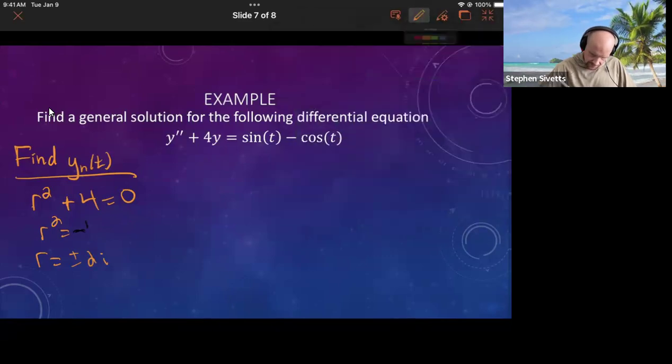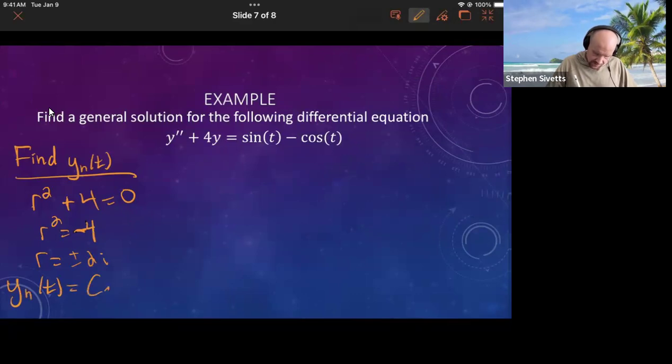And so the homogeneous function is C1 times cosine of 2t plus C2 times sine 2t.